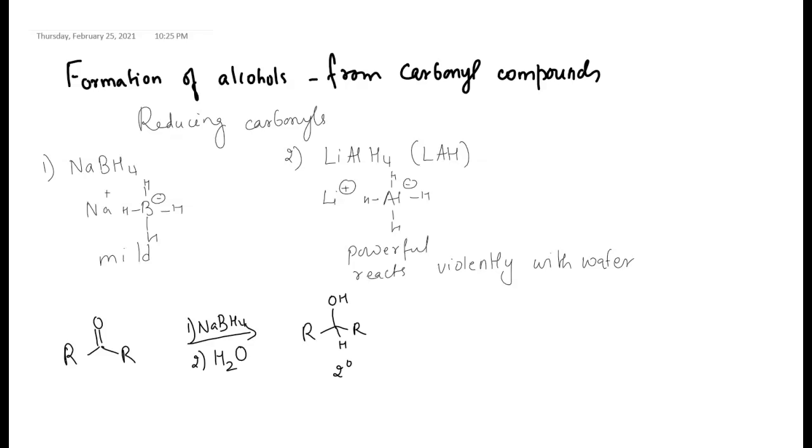So ketones can be reduced by sodium borohydride or lithium aluminum hydride. You could also use lithium aluminum hydride for the same reaction. I will write LAH followed by water, and you can end up getting the same product. So you can use either sodium borohydride or lithium aluminum hydride with a ketone to give a secondary alcohol.